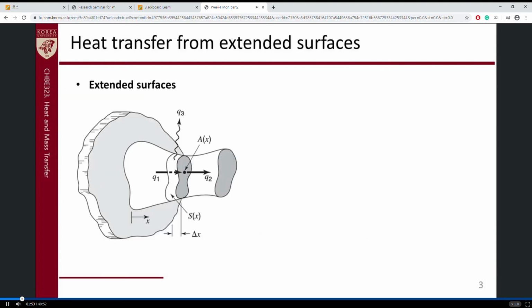But today's topic is slightly different. Today we're going to be talking about the extended surface.